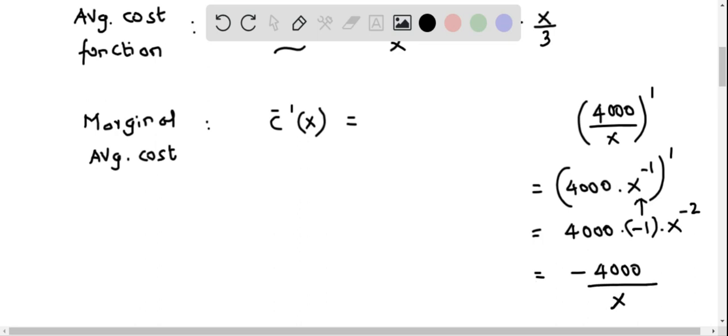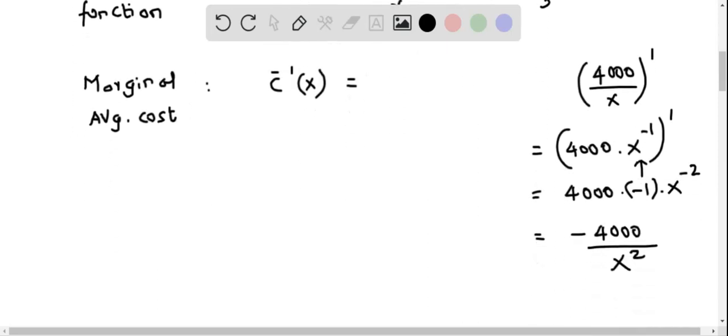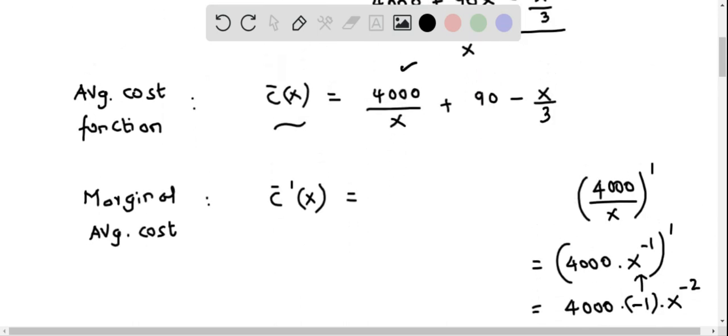I can rewrite this as x raised to the power of positive 2 in the denominator. So the derivative of the first term, 4000 over x, is negative 4000 over x squared.